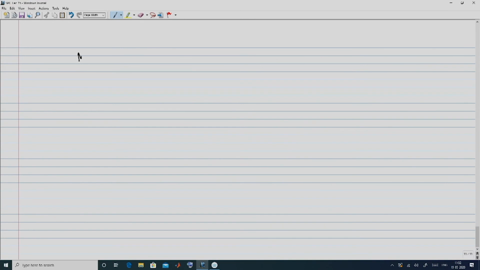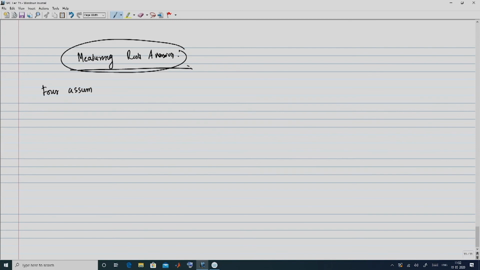So, we come to the last topic of this lecture. This is on measuring risk aversion. So, I will just state some assumptions related to risk aversion. So, 4 assumptions consistent with rational investment behavior.